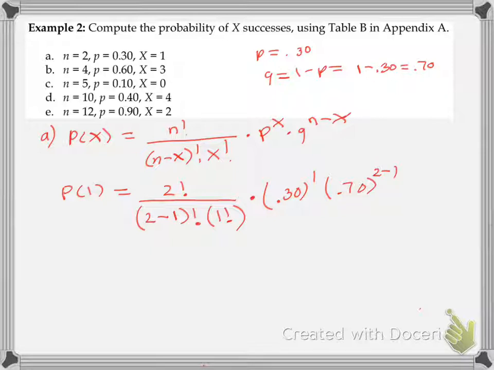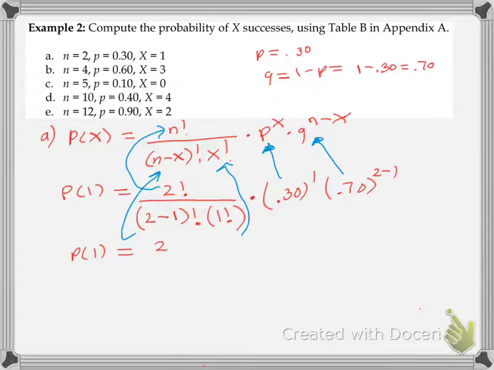If you're unclear on where these values are coming from, here's the direct correlation to everything. Let's simplify this. P of 1 equals 2 factorial, that's 2 times 1, so that's just 2.